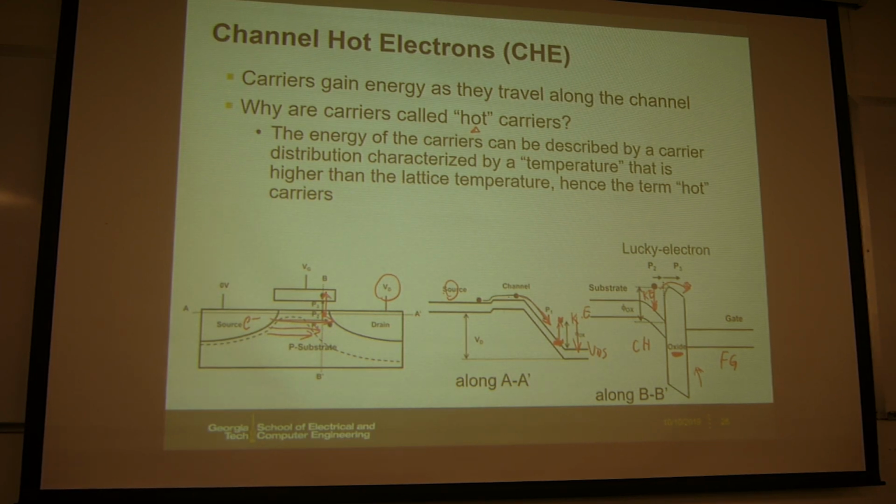Question? Is it still tunneling through the oxide, or is it going over the barrier? In this case, tunneling to the gate depends on the gate voltage.